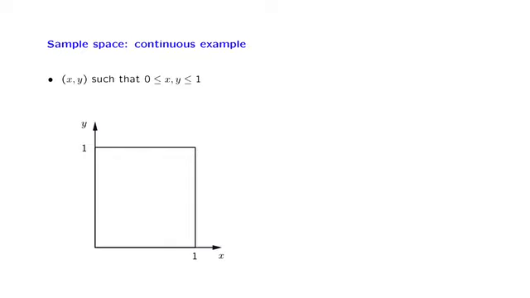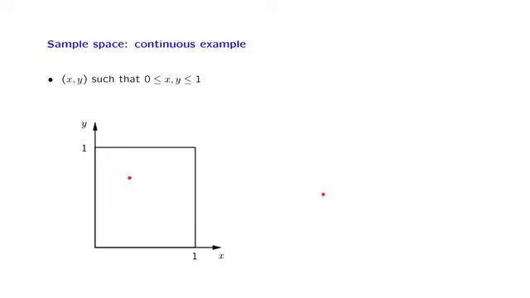Here's an example of an experiment that involves a continuous sample space. So we have a rectangular target, which is the unit square, and you throw a dart on that target, and suppose that you are so skilled that no matter what, when you throw the dart, it always falls inside the target.